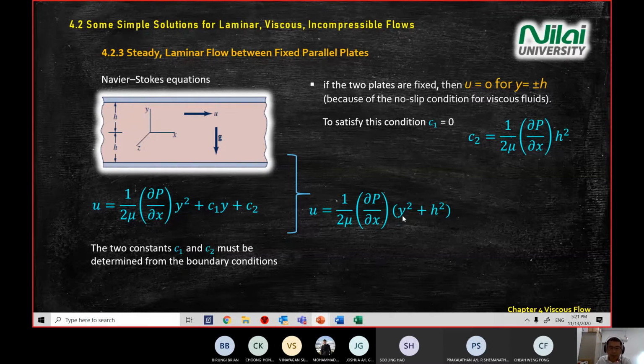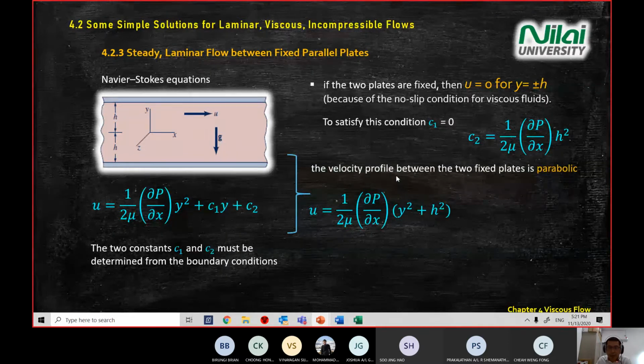You rearrange, you get the differentiation part times y squared plus h squared, right? One component, second component.